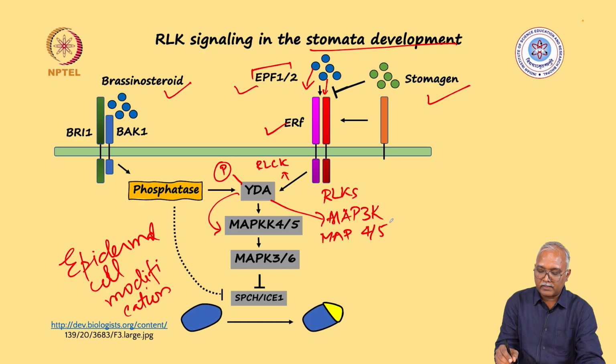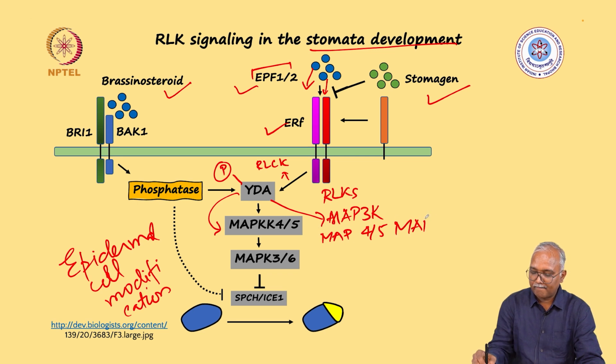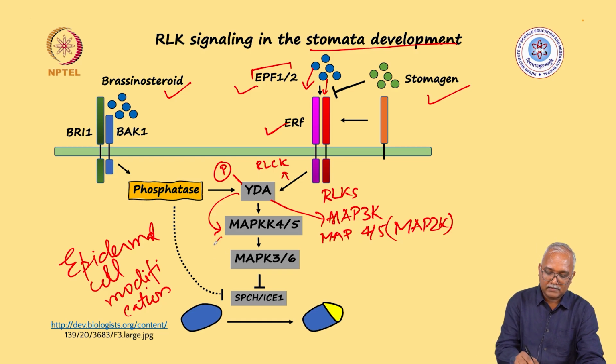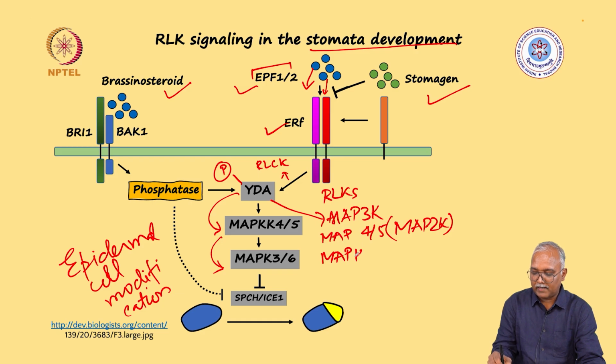One of those proteins, for example here, is called MAP kinase 4-5. This is in the class of MAP2K. So once this is activated, this will take the next target, which is MAP kinase 3-6. This is the last molecule in this signaling pathway, which is MAPK type. MAP3K, MAP2K and MAPK. Now this molecule through intermediates stops this transcription factor.